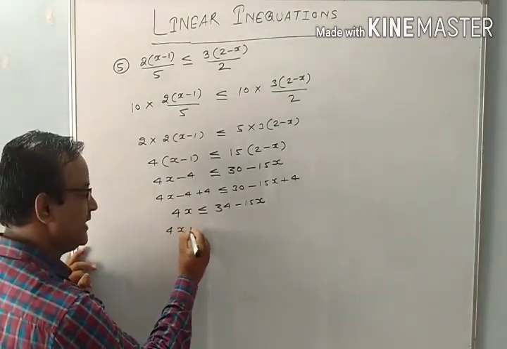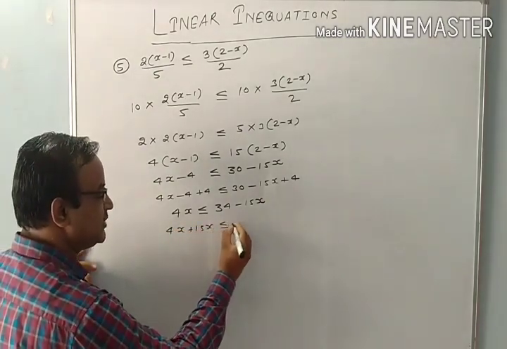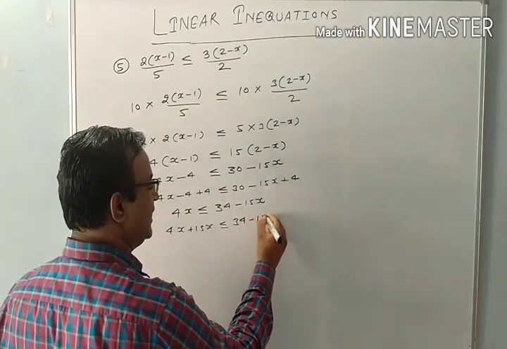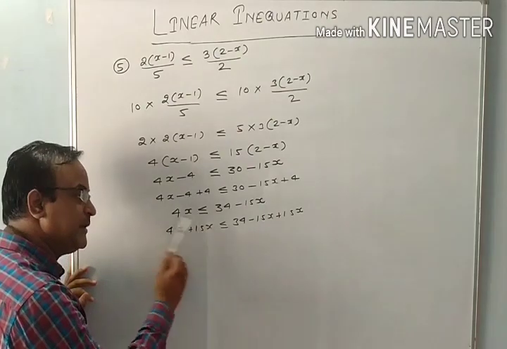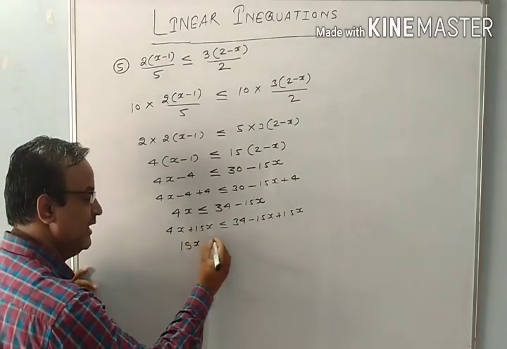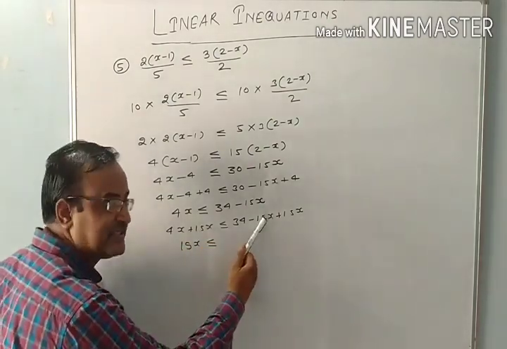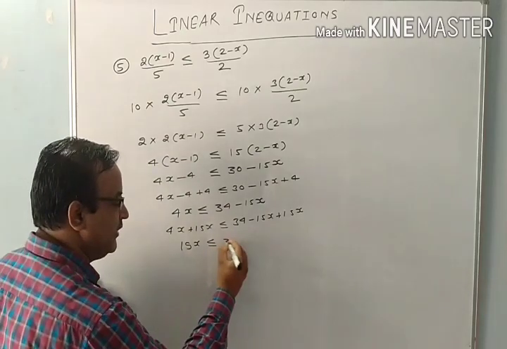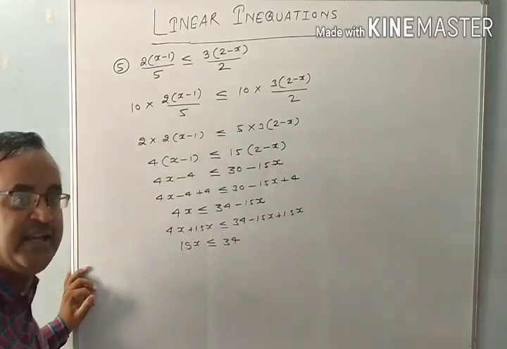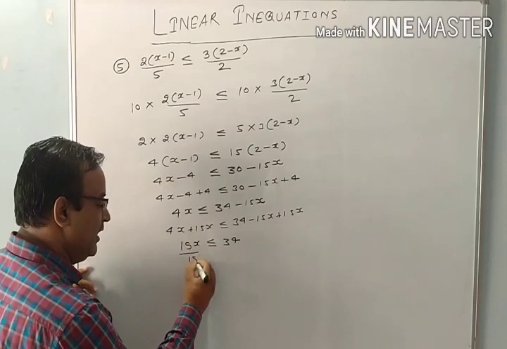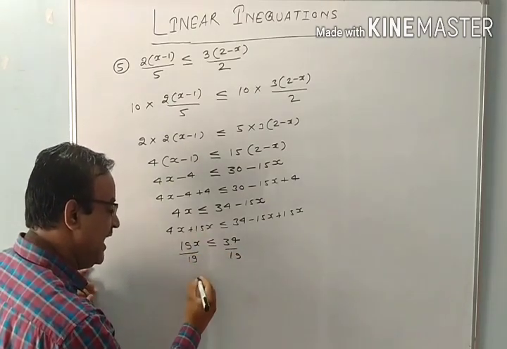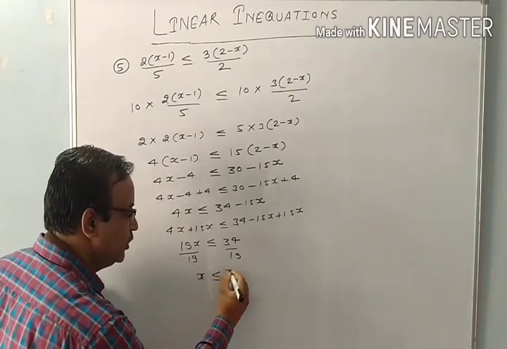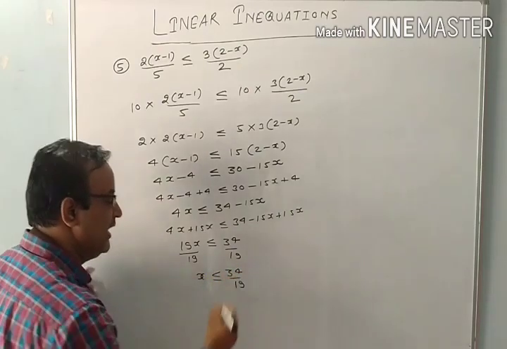So 4x plus 15x is less than or equal to 34 minus 15x plus 15x. 15x plus 4x is 19x is less than or equal to 34, as 15x cancels out. Now we divide both sides by 19, so we get x is less than or equal to 34 by 19.